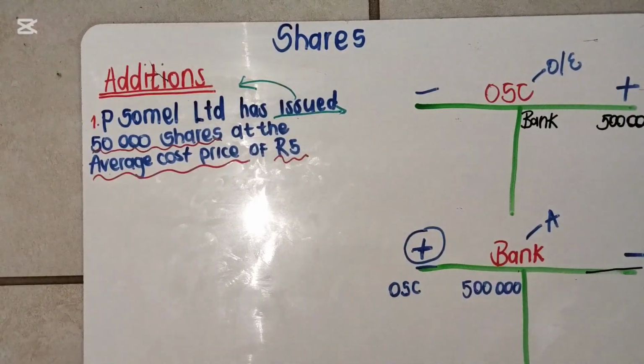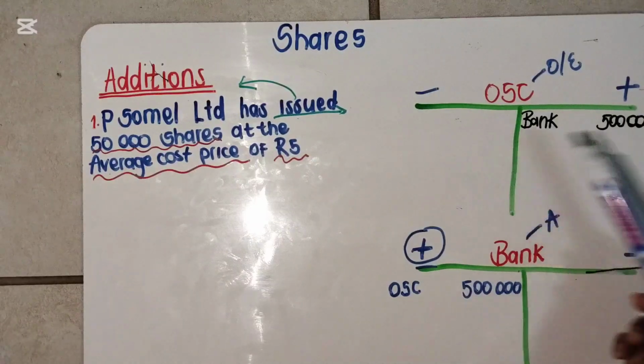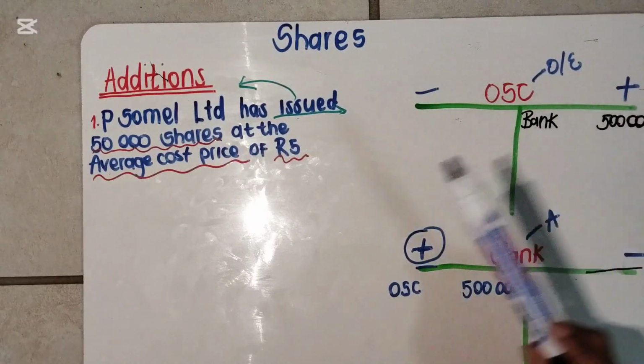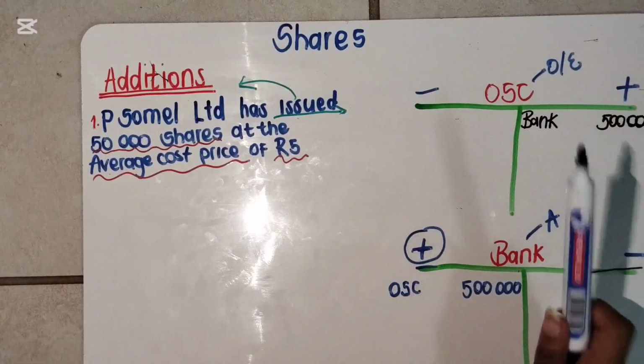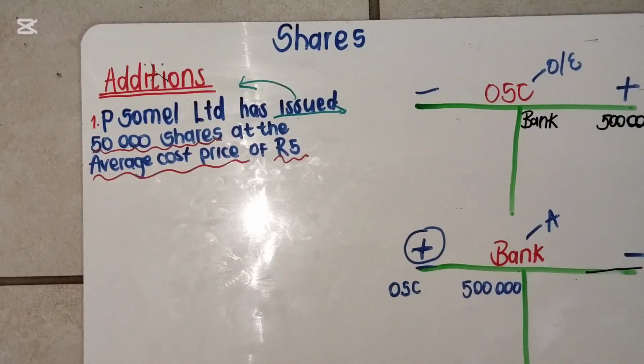Whenever they say average share price or average cost price, it's the same thing. It goes with your ordinary share capital. It's important to understand this because in the next video we will be doing the buyback of these shares. It will be elaborated there.